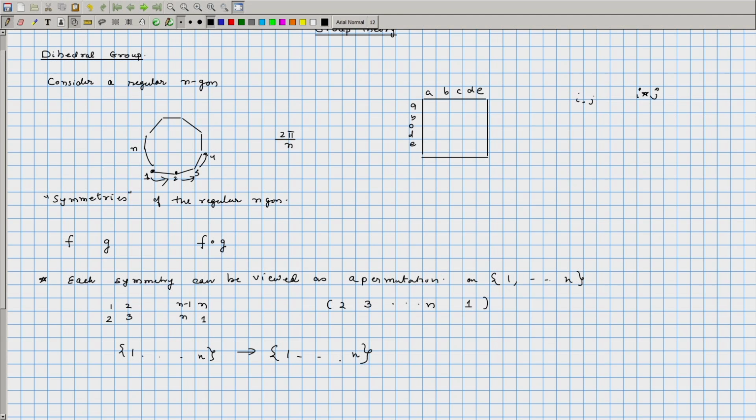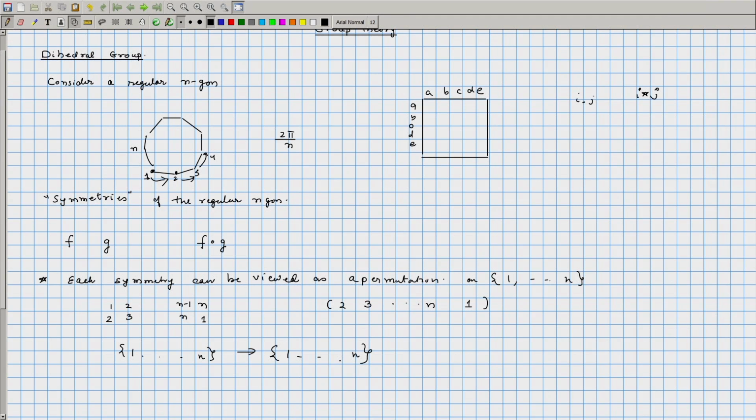So, these functions can be composed, and that operation is an associative operation. So, under function composition, the requirements for the set of symmetries to be a group are satisfied.